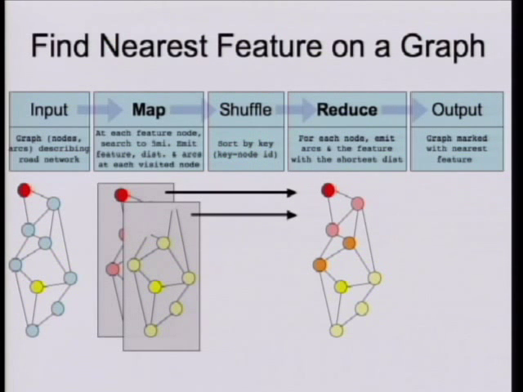Then it would be sorted, and each node would collect information about all the gas stations that were within 5 miles. The reduce function simply looks through the list of gas stations that it's found, finds the closest one, takes the min of all those distances, and emits that to produce the output. And so you've just marked a graph with all the closest gas stations in the world. I think that's pretty neat, too.